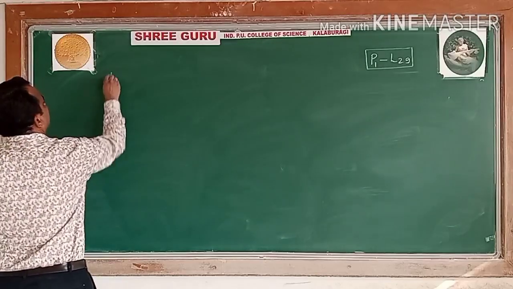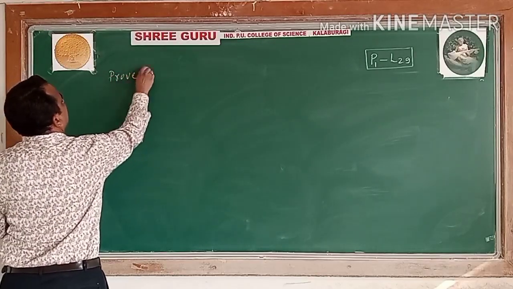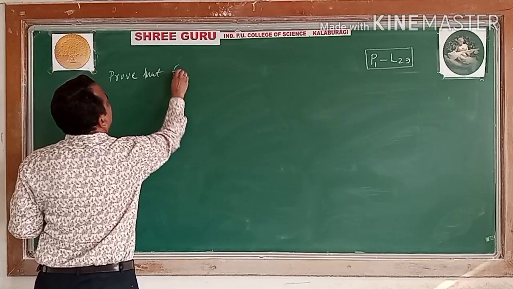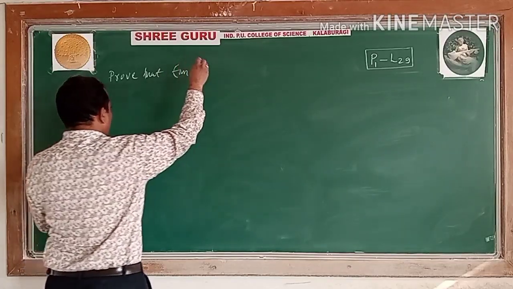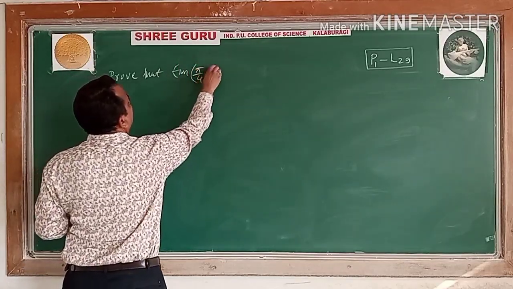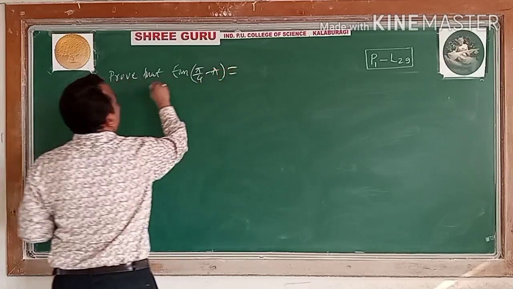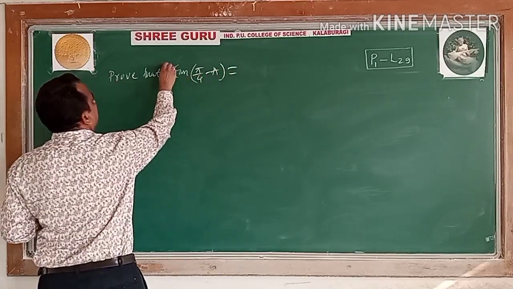Prove that tan of pi by 4 minus a equals 1 minus tan a divided by 1 plus tan a, and tan of pi by 4 plus a equals 1 plus tan a divided by 1 minus tan a. Here two proofs are there.